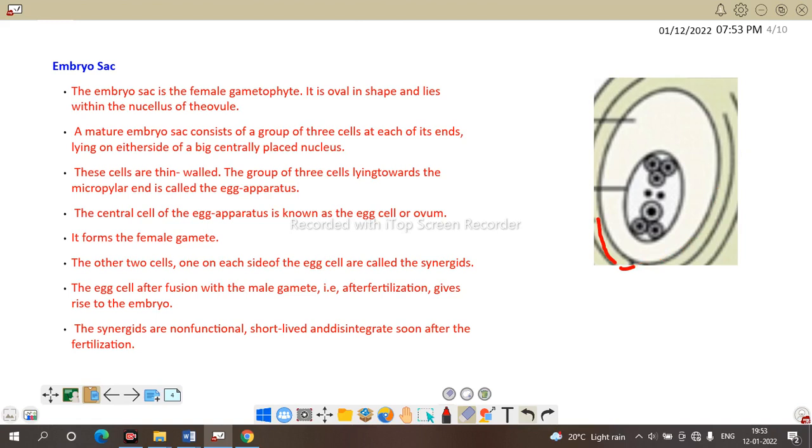At the micropylar end there are 2 synergids, and this is the egg, and here are the 2 polar nuclei. This end is called the chalazial end, which is opposite to the micropylar end. The chalazial end contains 3 antipodals.